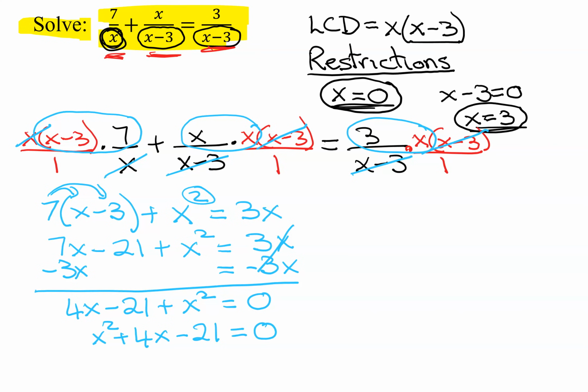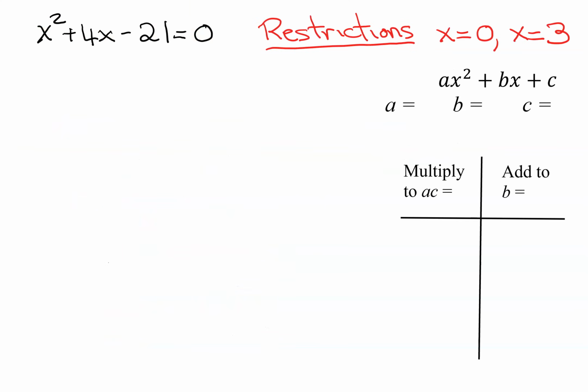So now it is ready to be factored because I have it in standard form. A, the coefficient of the x squared, is 1, so this is going to be one of the quicker ones to factor. B, the coefficient of the x, is 4, and C, the constant term, is negative 21.